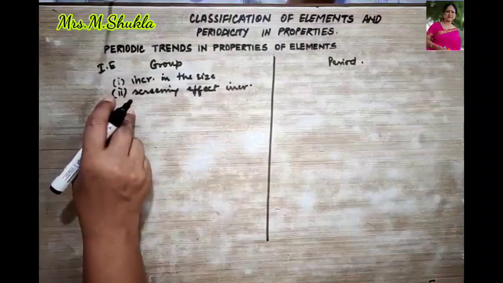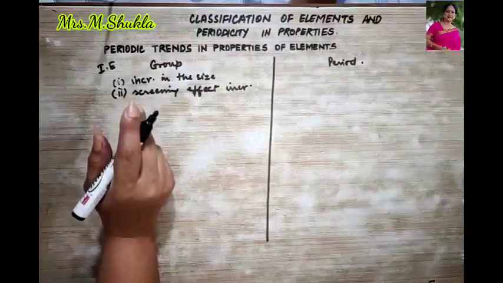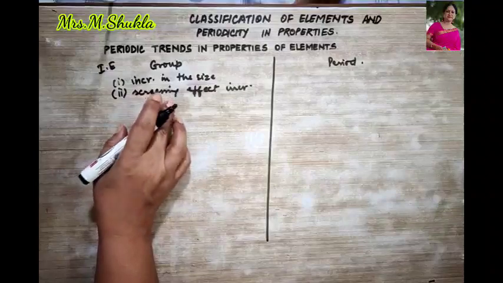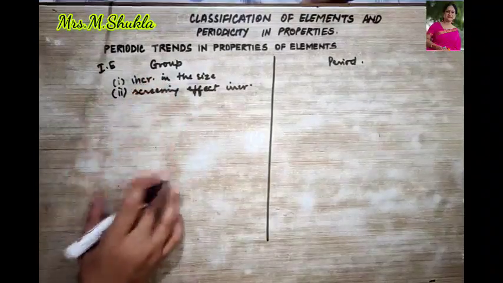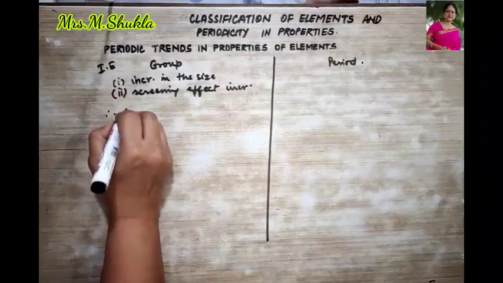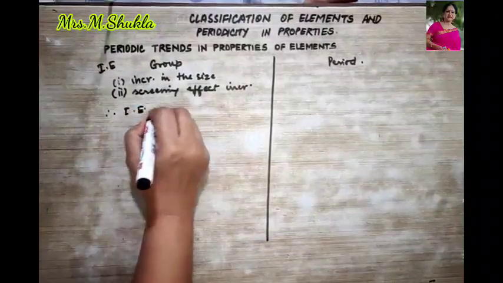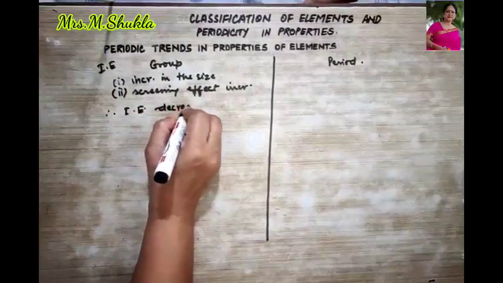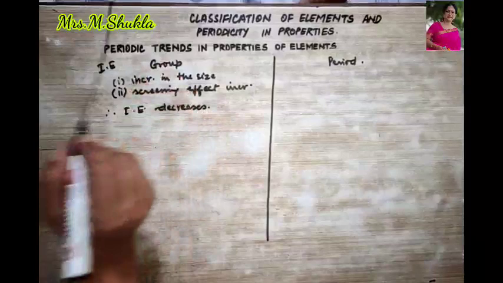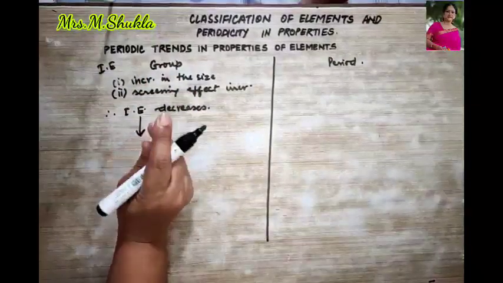So what will happen? Therefore, the ionization enthalpies decrease in the group when we move from top to bottom.